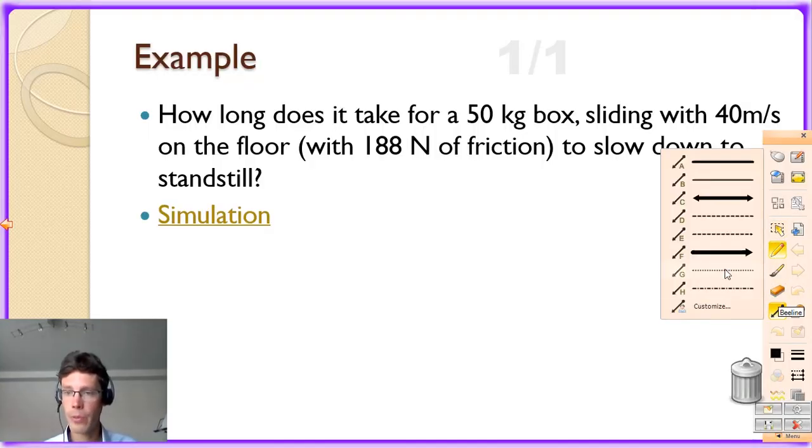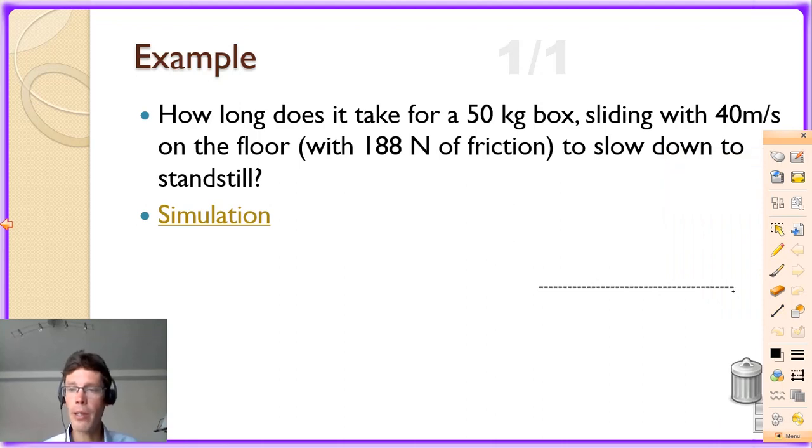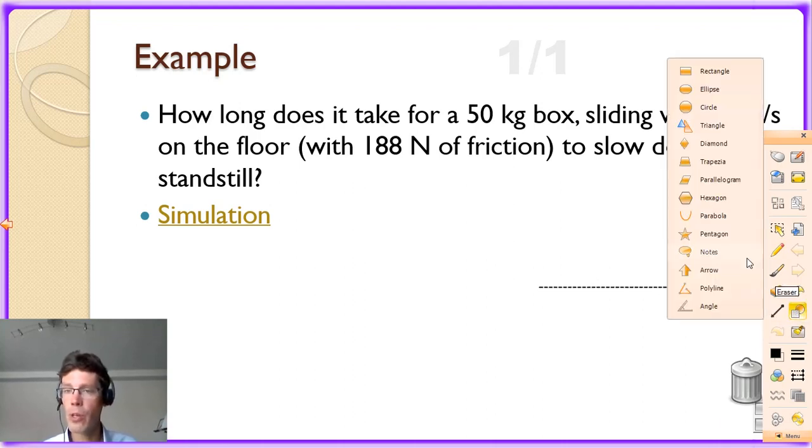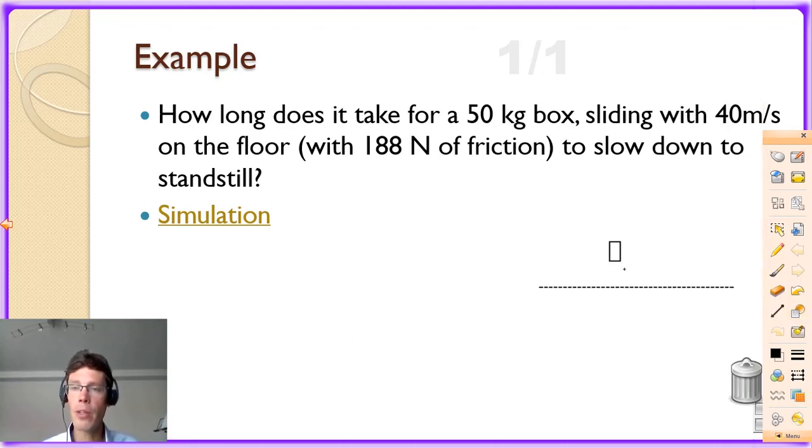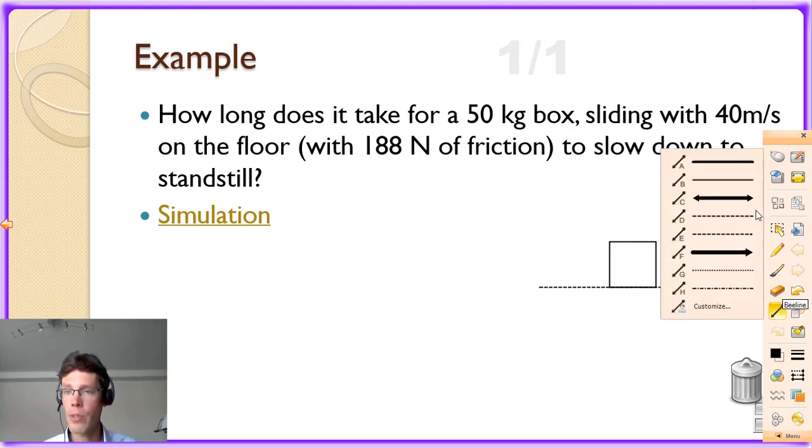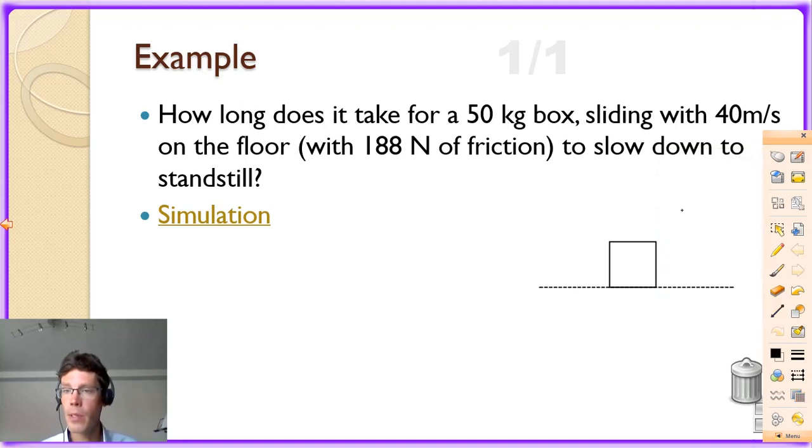Here's a new situation of an object that is not accelerating, but it is slowing down. So we have an object sliding on a floor, let's say a box. The box has a mass of 50 kilograms and a speed of 40 meters per second, and there's also a force working on it.